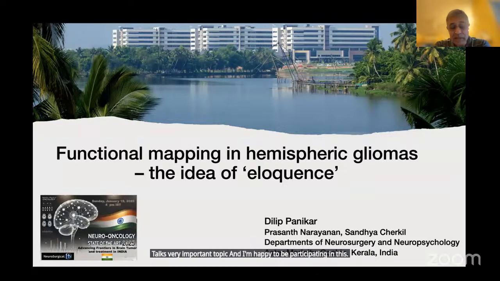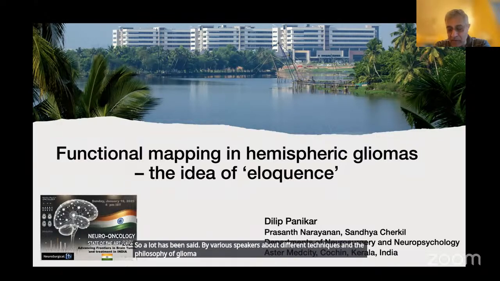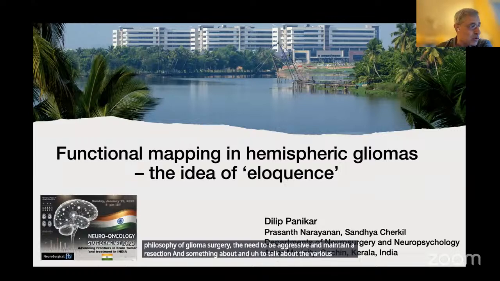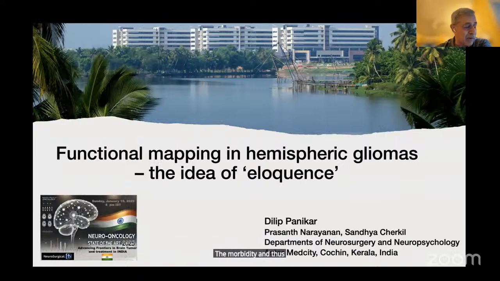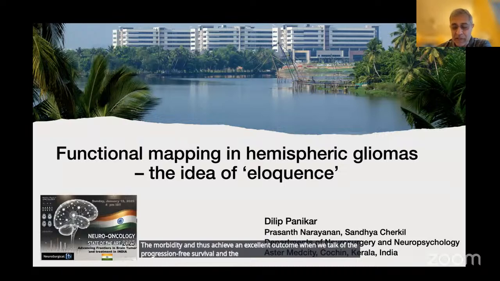A lot has been said by various speakers about different techniques and the philosophy of glioma surgery, the need to be aggressive and maintain a resection, and about the various techniques that are used to maximize resection and minimize morbidity, and thus achieve an excellent outcome when we talk of the progression-free survival and overall survival of these tumors.